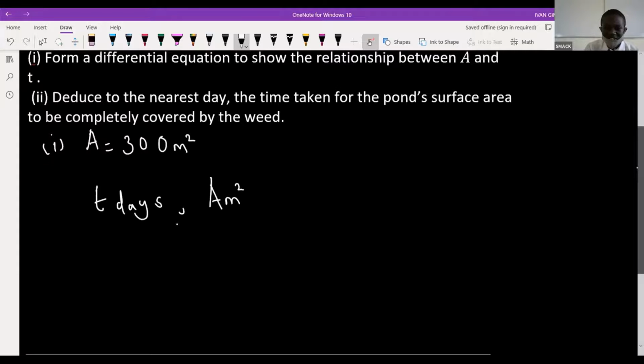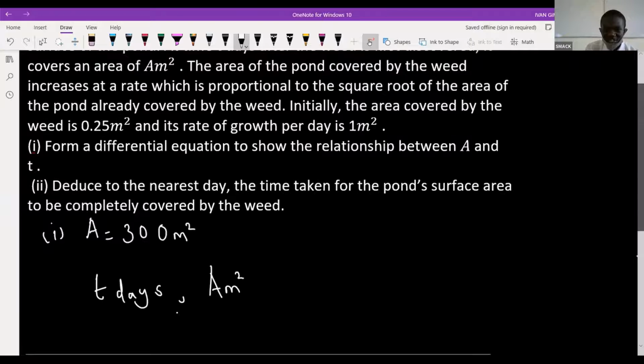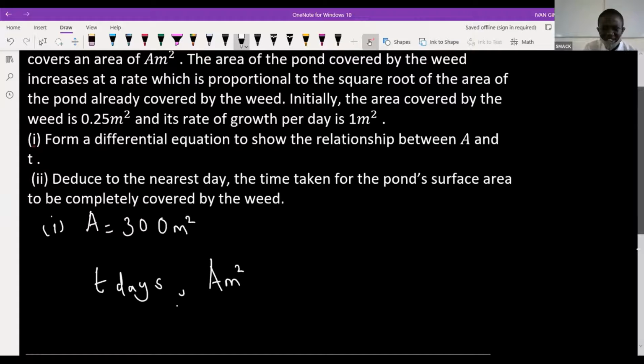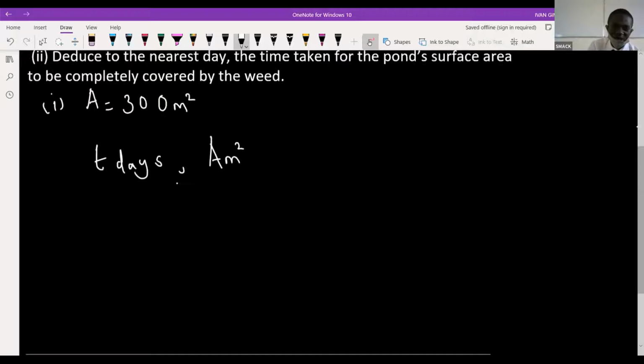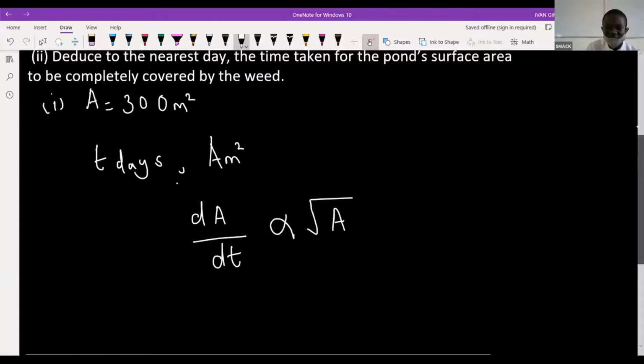They have told us that the area of the pond covered by the weed increases at a rate which is proportional to the square root of the area of the pond already covered by the weed. So our dA/dt is directly proportional to the square root of the area already covered by the weed.